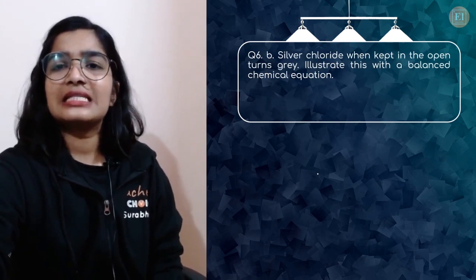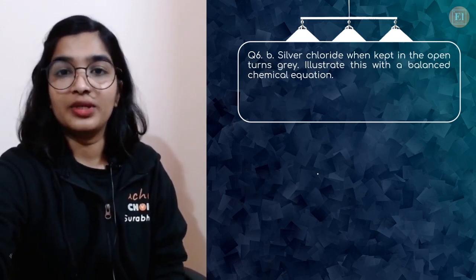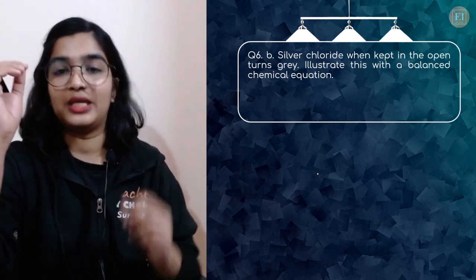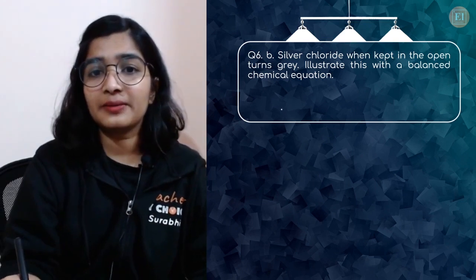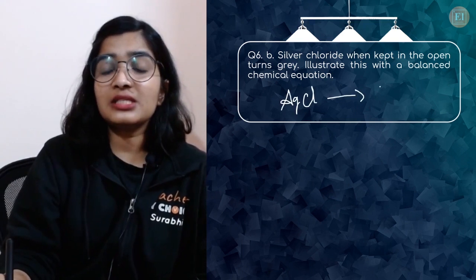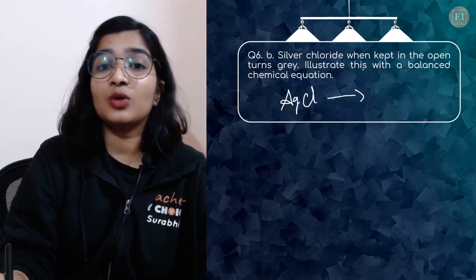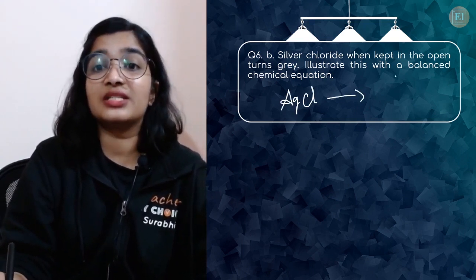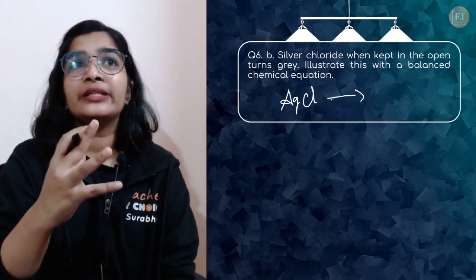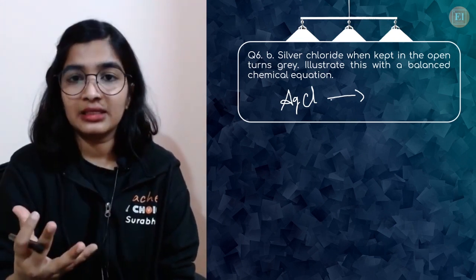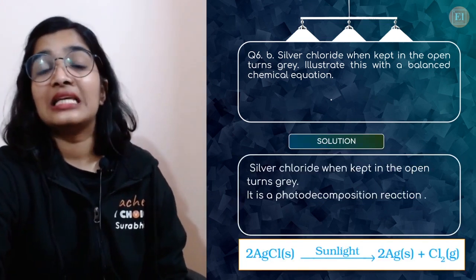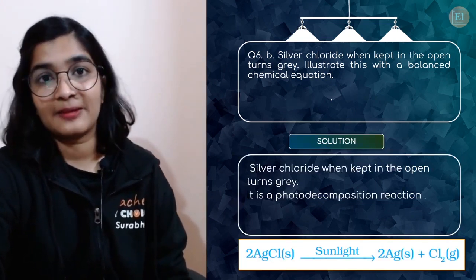Next is, silver chloride when kept in the open turns grey. Illustrate this with a balanced chemical equation. So silver chloride, that is AgCl. When you heat it, there will be decomposition of silver chloride into silver and chlorine gas.